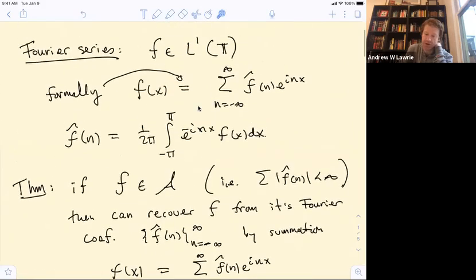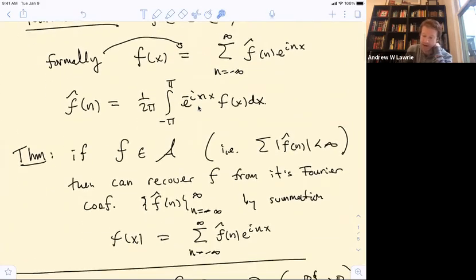We started off with an L1 function. We had to assume that f hat is in A, meaning we had absolute summability of the Fourier coefficients. This is little L1 summability, a discrete version of requiring that the function be in L1.